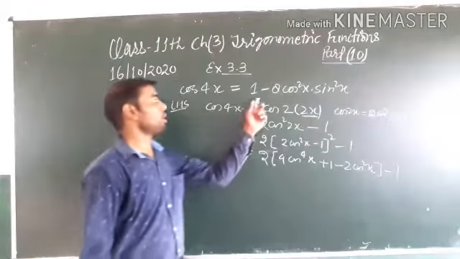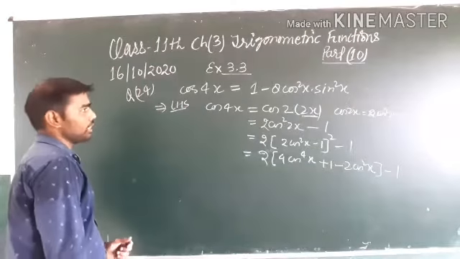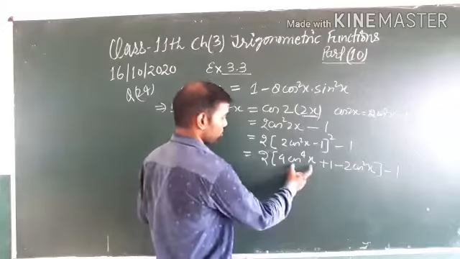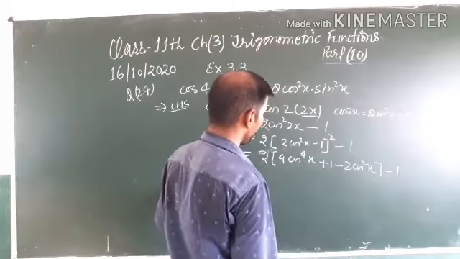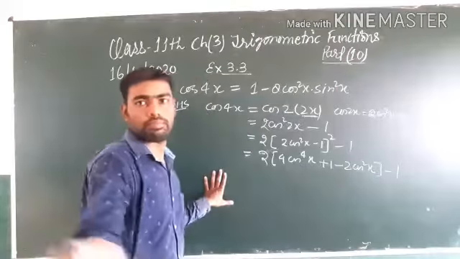We need 1 minus cos square x into sin square x. It means we get sin x. So this is cos 4x.